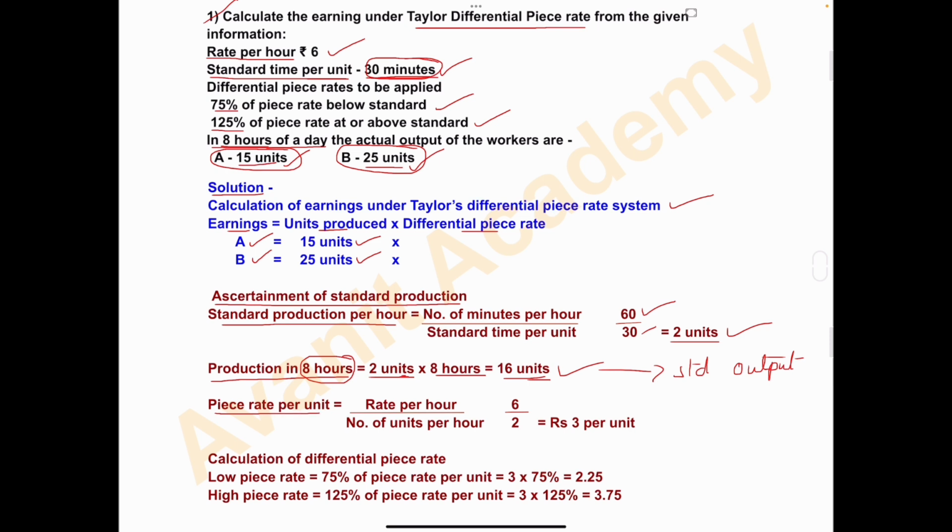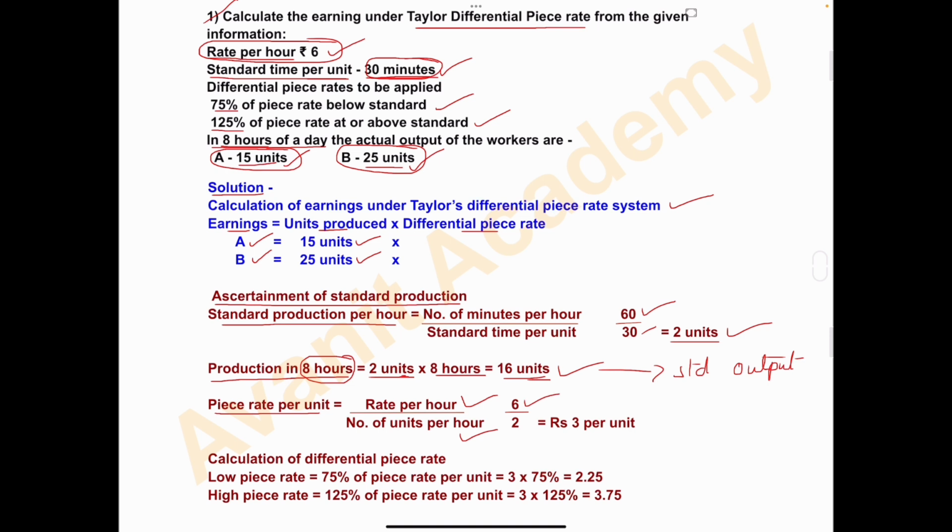Okay, the standard output we have calculated. Next we have to find out piece rate per unit. So the formula is rate per hour divided by number of units per hour. Rate per hour, first see in the problem, is rupees 6. So for 1 hour, the rate is rupees 6.